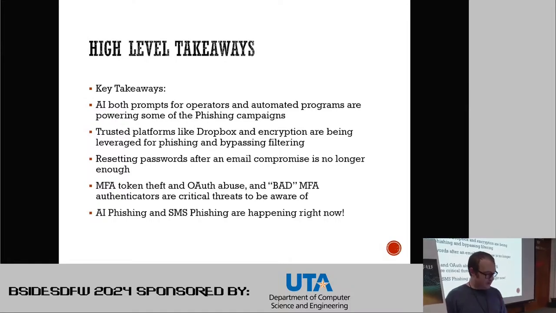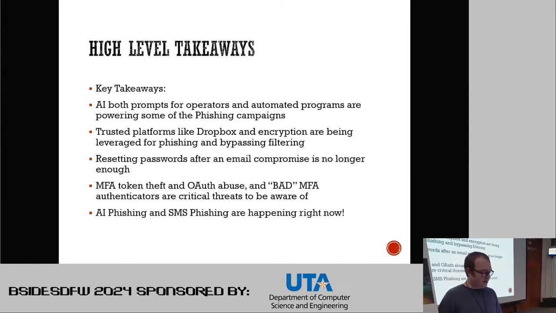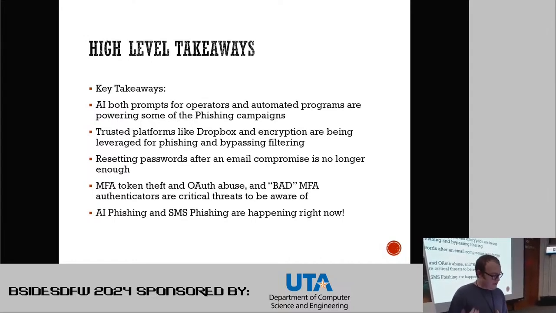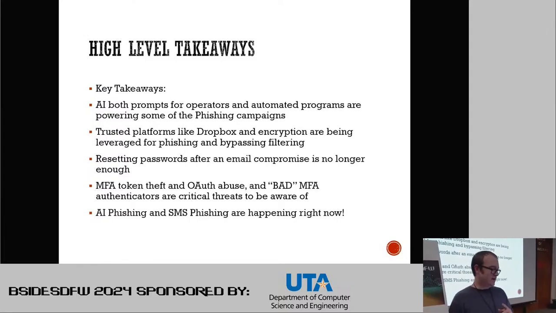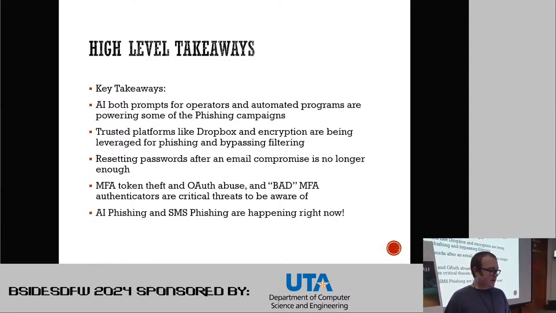This one's kind of the biggest technique we're seeing right now. Sending out things, sometimes even documents that look like they're built with AI with embedded links, like in my email example. And then we covered some of the things on the Office 365 side, like the MFA and the OAuth consent grants. We know you can't just reset the password and call it good anymore.